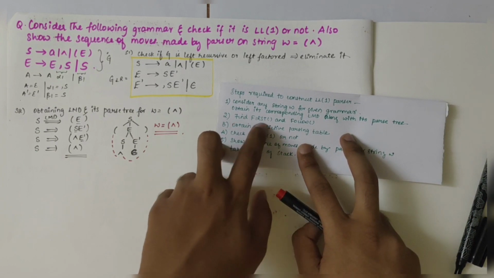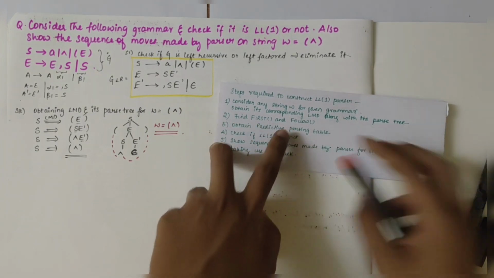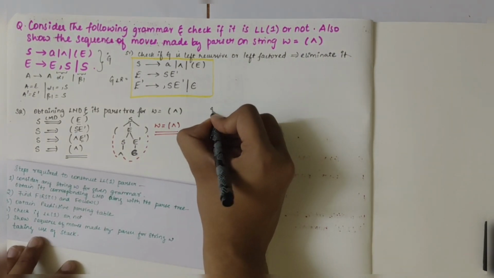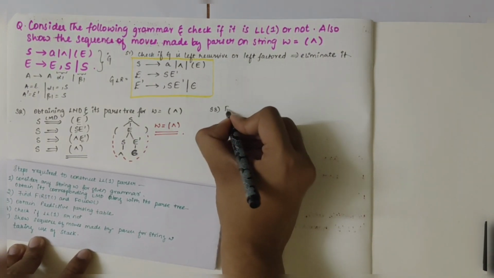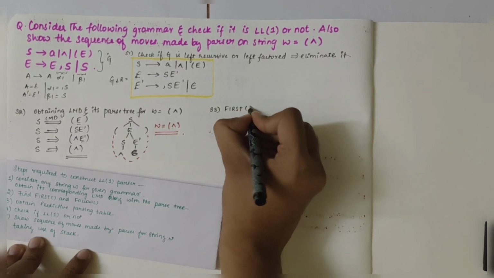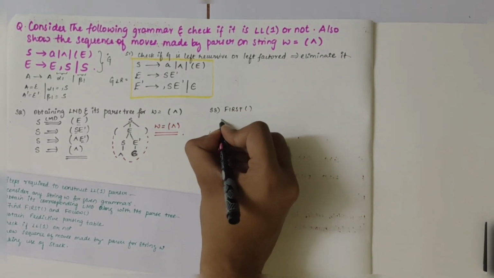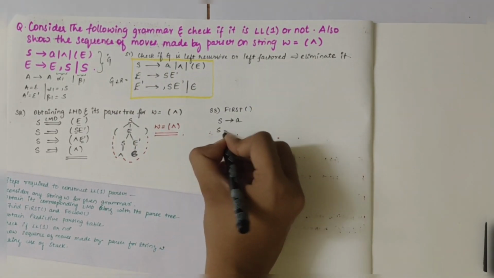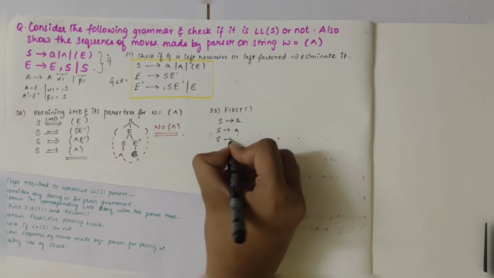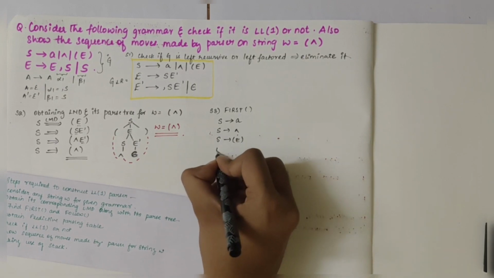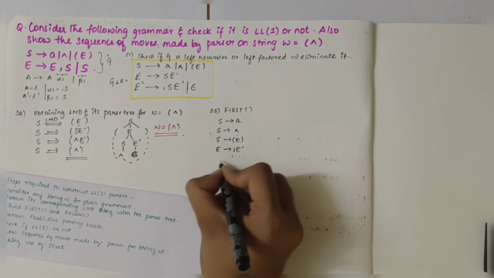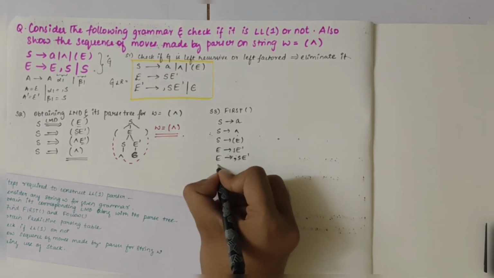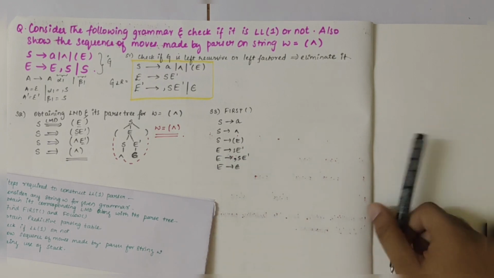Moving on to the next step, that is computing first and follow. Let's start with first. Let me write down all the productions here. S derives A, S derives exponential, S derives parenthesized E, E derives S E dash, E dash derives comma S E dash, and E dash derives epsilon.